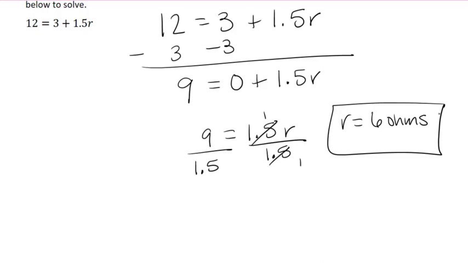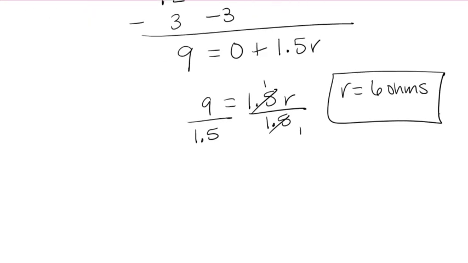Now, if we want to verify that we did this right, we would go 12 is equal to 3 plus 1.5, and then instead of putting R, we put 6.